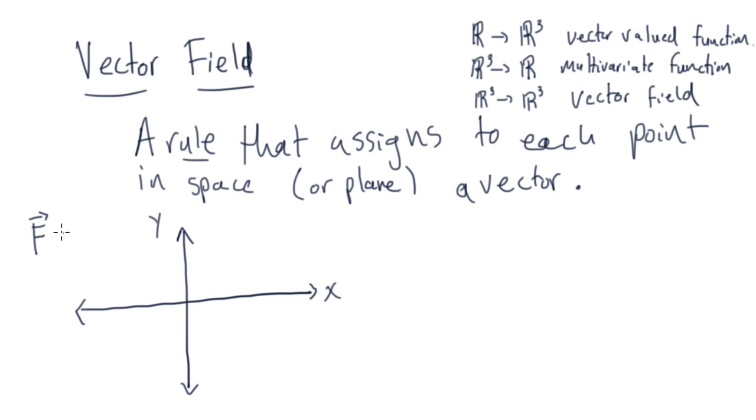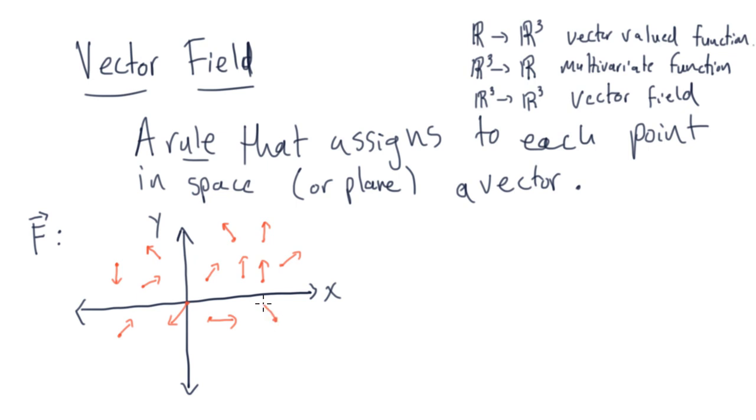And so what does F look like? Well, a typical vector field, F, is going to look like this. At every point, I draw an arrow. I have a vector. So at every point in space, or in this case the plane, I have a vector. And you can draw this all day. Every point, I have a vector.